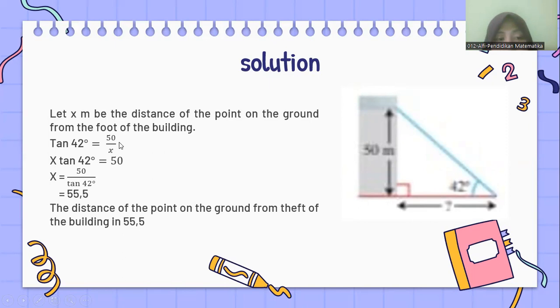Let x meters be the distance of the point on the ground from the foot of the building.